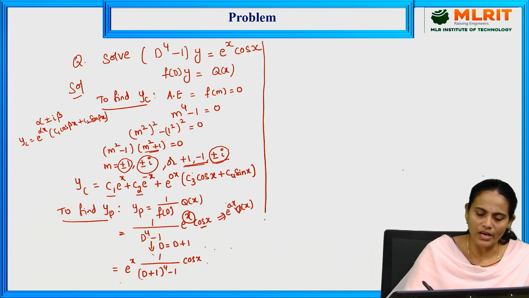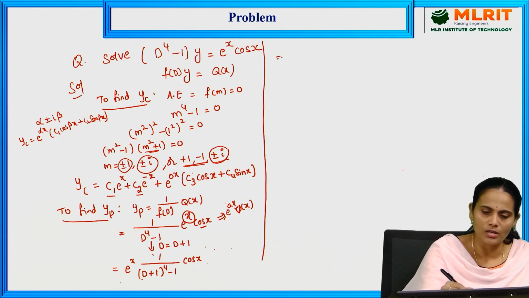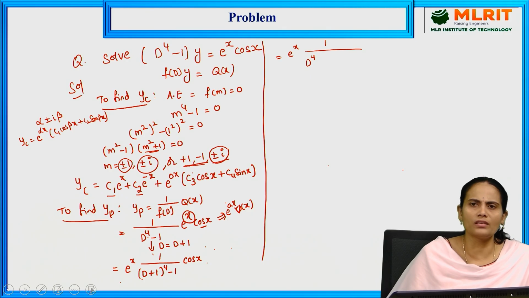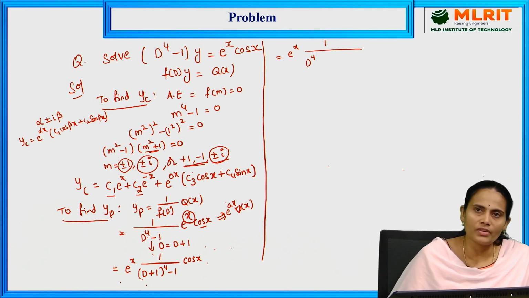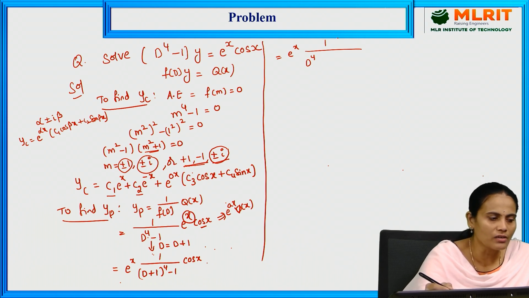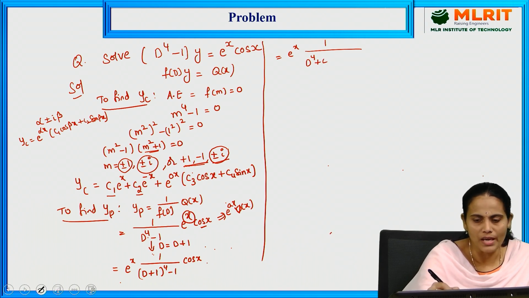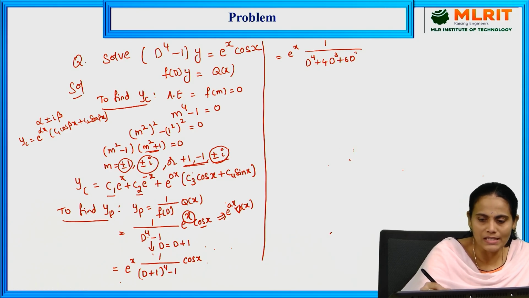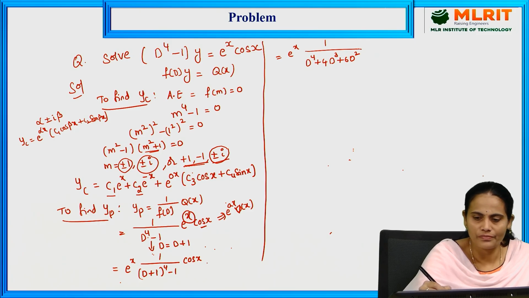Now we have to write the value of (D plus 1) whole power 4. So this is e power x into 1 by D power 4. By the expansion we can write, or the other way is to split this as (D plus 1) whole square into (D plus 1) whole square, and take the product using the formula of (a plus b) whole square. So it gives D power 4 plus 4D cube plus 6D square plus 4D plus 1, minus 1.